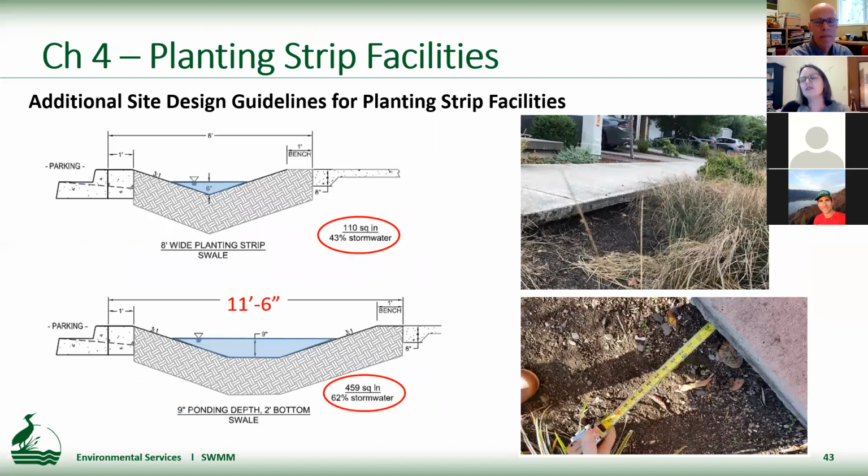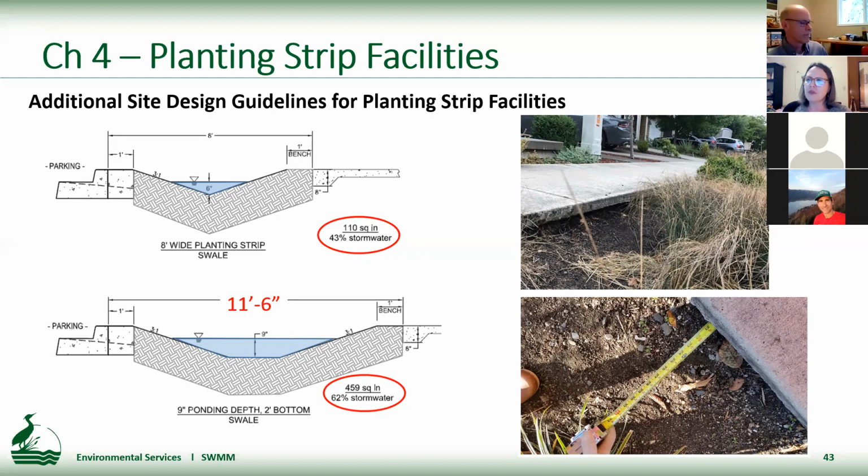So one of the biggest changes that I'll spend a minute on here is changes in requirements to planting strip facilities, also known as swales, which, I'm trying not to use the word swale quite as much, but sometimes I still slip up and call it a swale. So this would be a planting strip facility with side slopes.